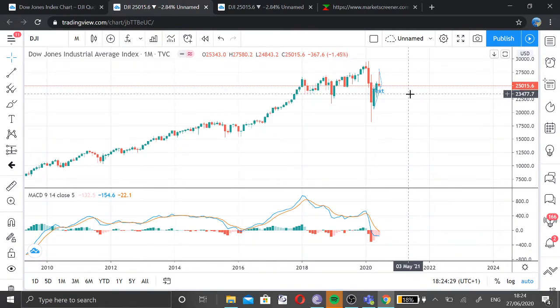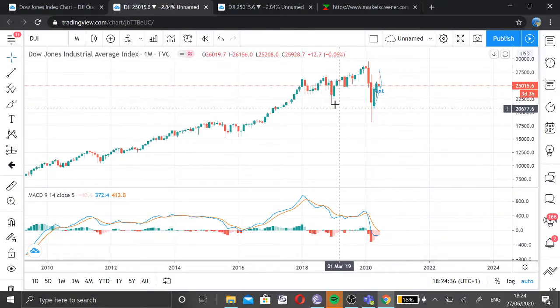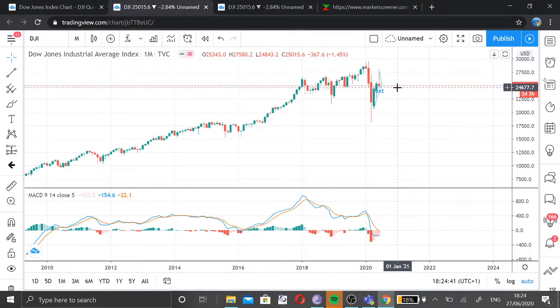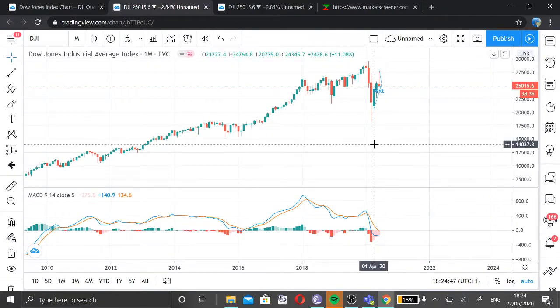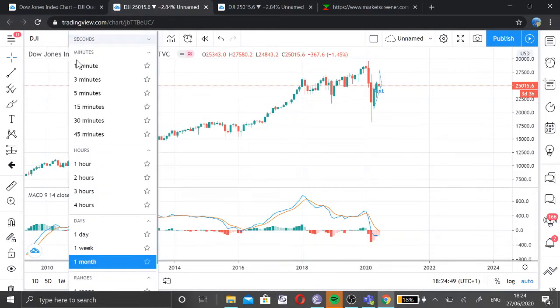So if you look at the outlook for the next few weeks, it looks like Dow Jones is weak on all the time frames, daily, weekly, and monthly.